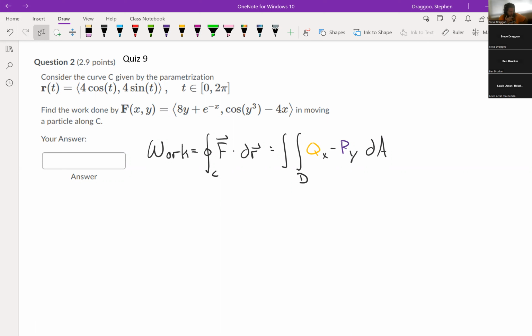We want to find the work done by the force field F in moving a particle along C. So again, this question is basically telling you, here's a parameterization, here's a force field, find the work done, which means do the line integral, right? It's what the problem's telling us to do. It's telling us, hey, do this line integral.